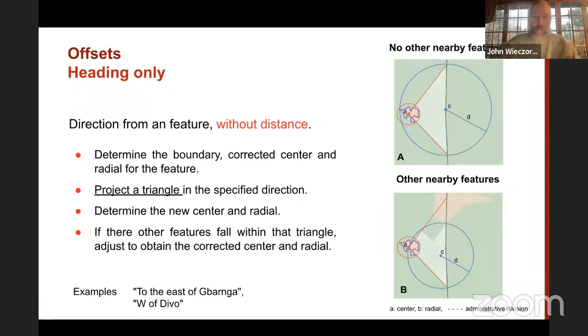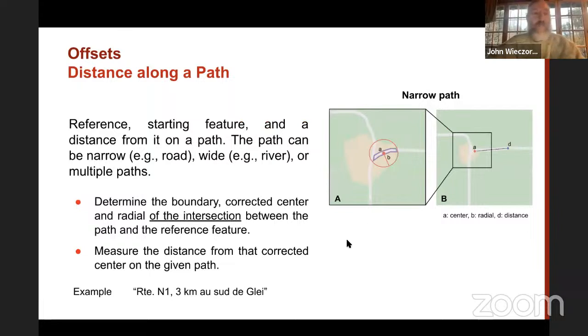So basically, we'll get into how that's done in more detail when we start to talk about interpretations of locations. But basically what we're doing is we're creating a triangle out in the direction that's named from the feature itself, and we're using that as the basis for our georeference. So it's another one of those fuzzy descriptions that we'd rather not encounter. We'd much rather encounter a description like this one.